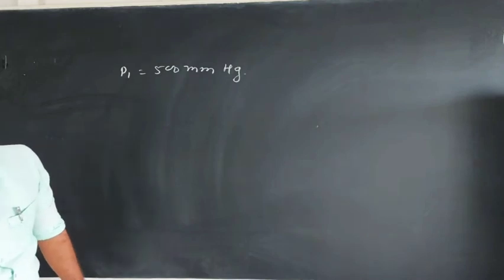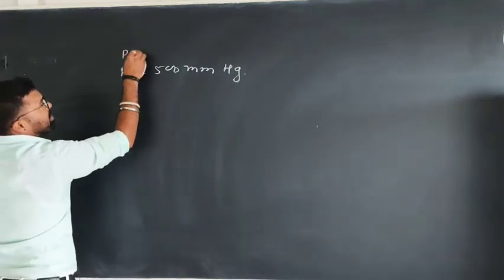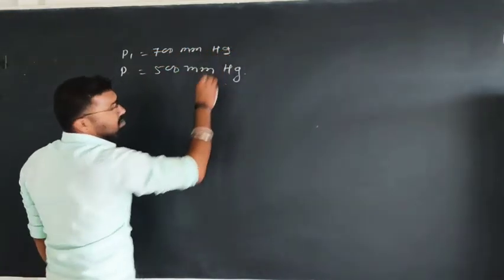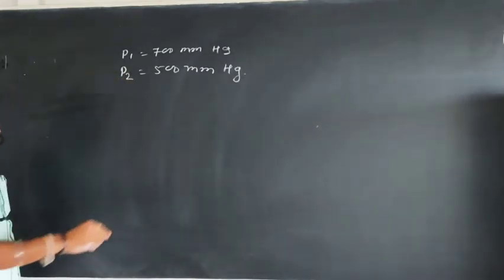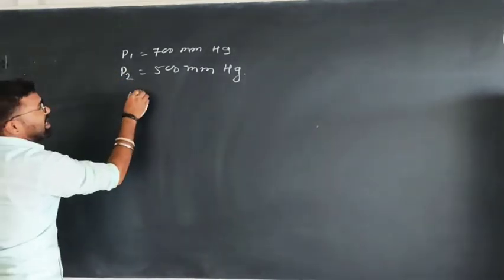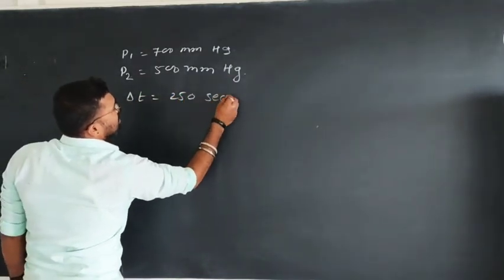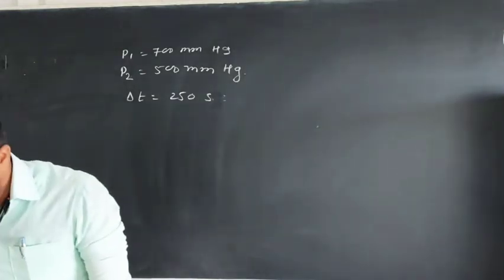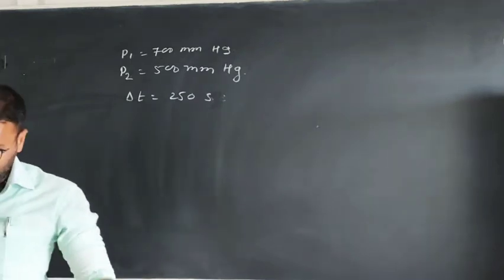The time delta T given to you is 250 seconds. Calculate the average rate of the reaction.